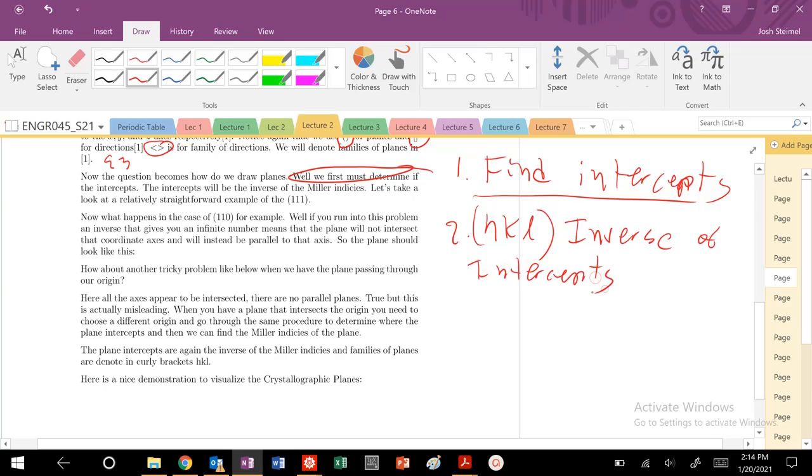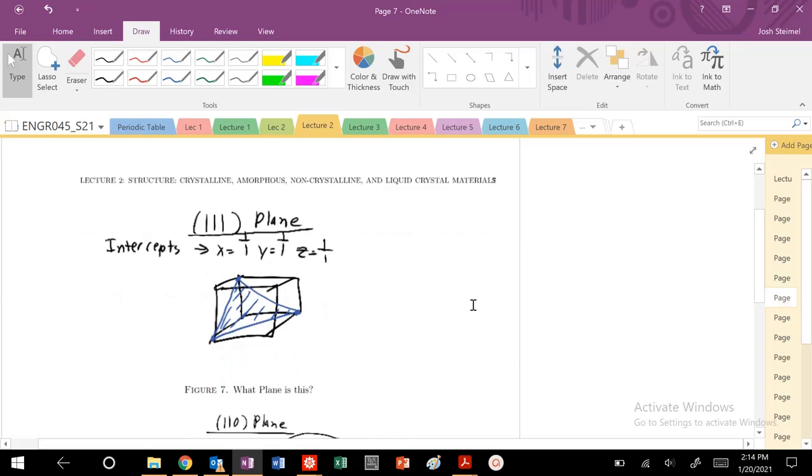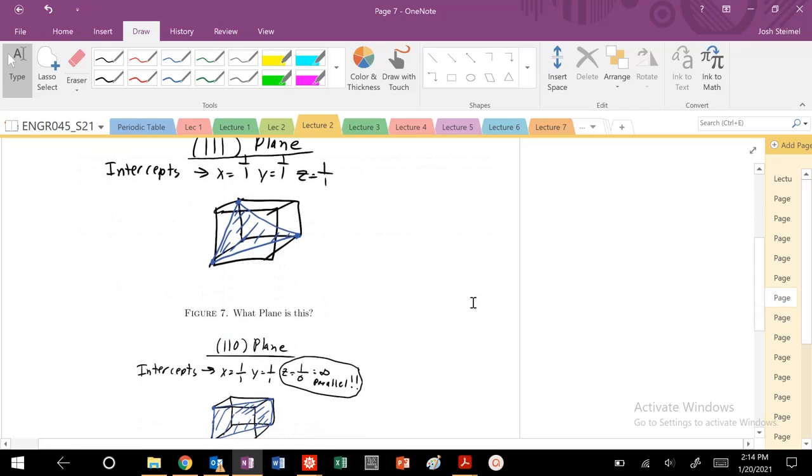So let's look at the example of the 1, 1, 1 plane. So this is my 1, 1, 1 plane. Again, HKL. First thing, where are my intercepts?